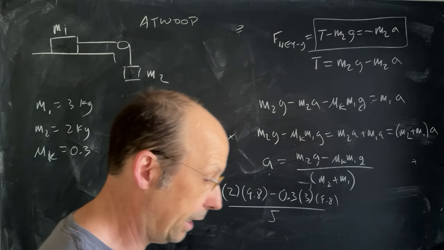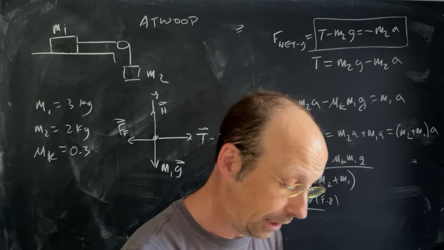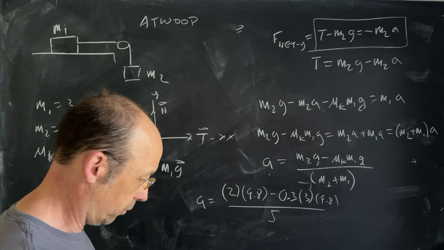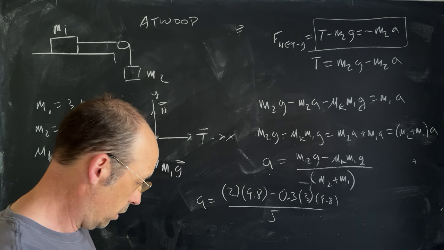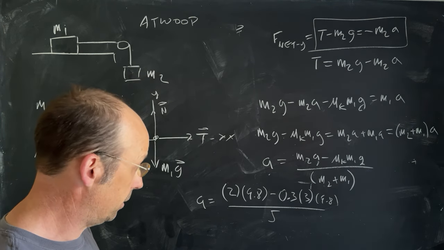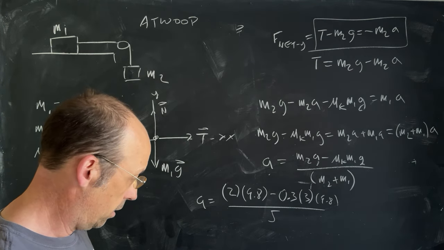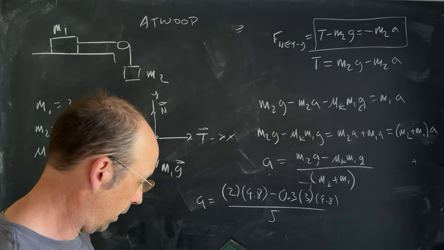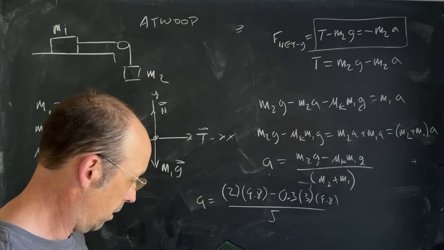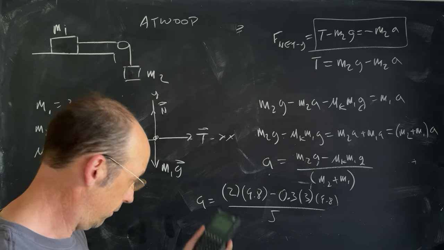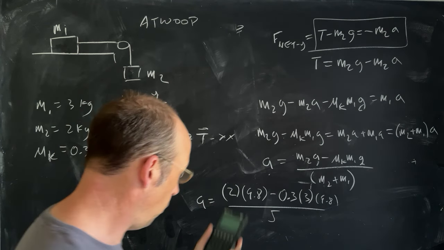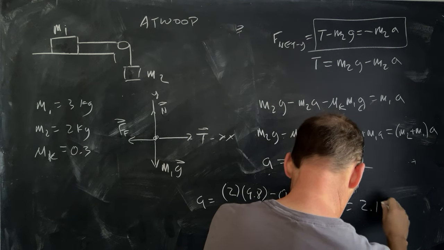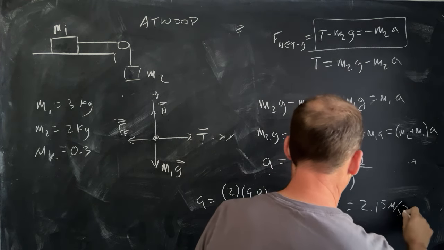Okay, let's put that in the calculator. 2 times 9.8, minus 0.3 times 3 times 9.8, divided by 5. I get 2.15 meters per second squared.